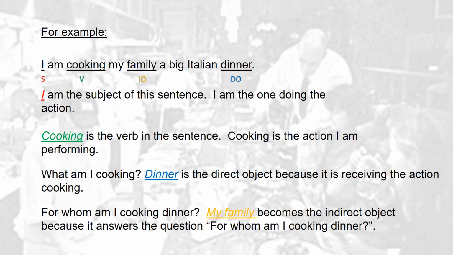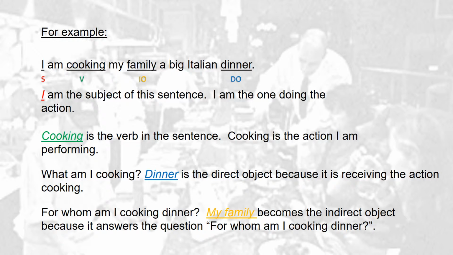But what is it that I'm doing in the sentence? What I'm doing is the action verb. Therefore, cooking is the verb in the sentence. I am cooking. Now, that could stand alone on its own as a sentence, I am cooking, but I am cooking something. What is it that I'm cooking in this sentence?